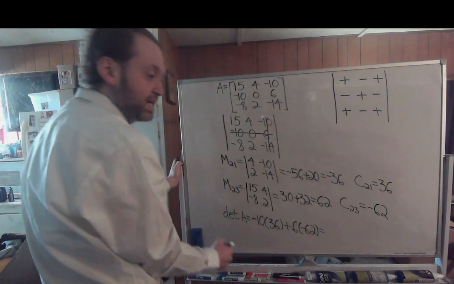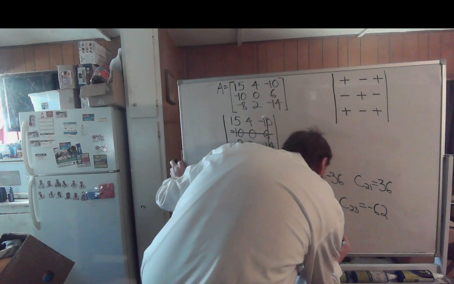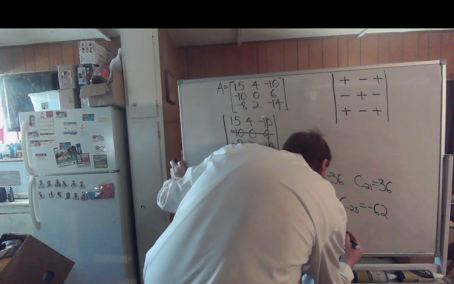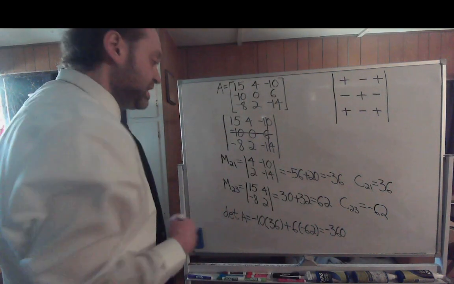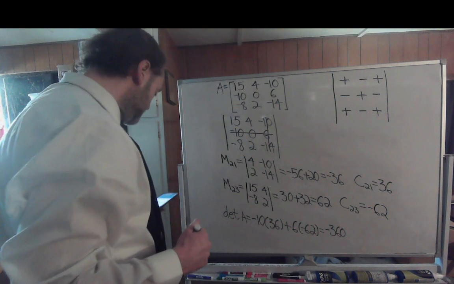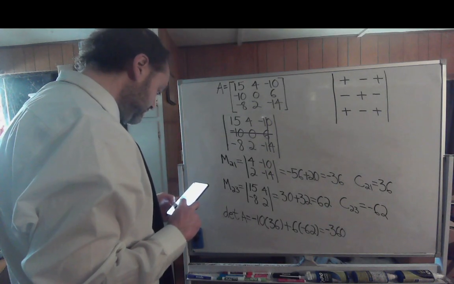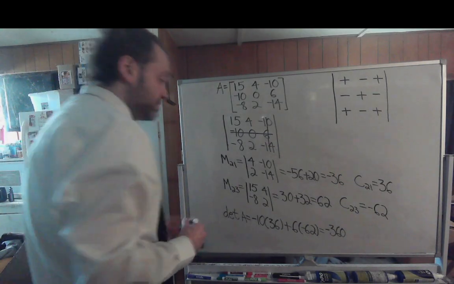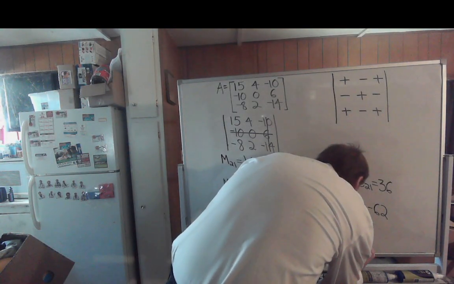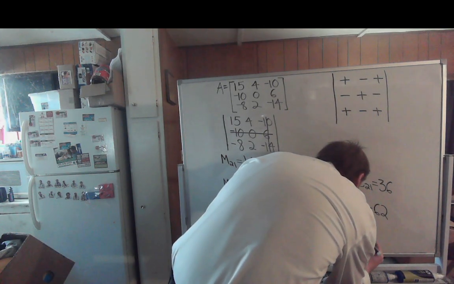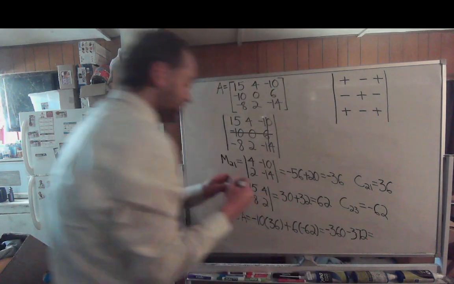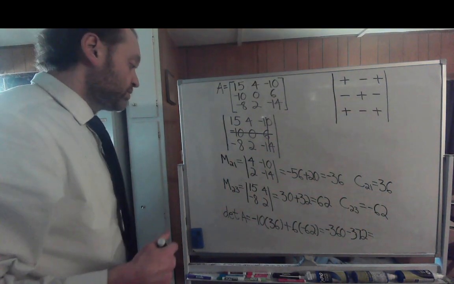So negative 10 times 36 is negative 360. 6 times negative 62, let's figure out what the heck that is. That'd be negative 372. Which should give us a final result here very shortly.